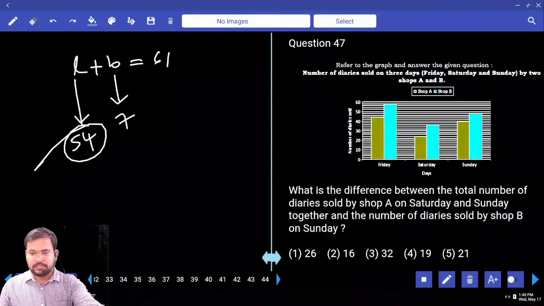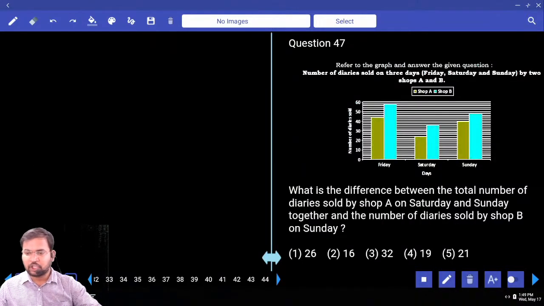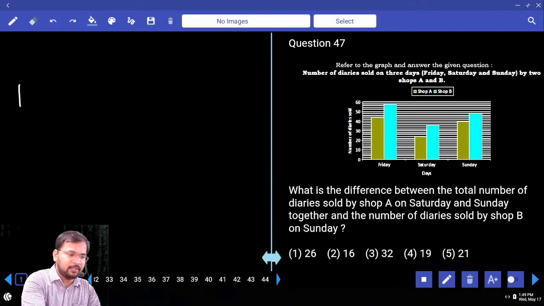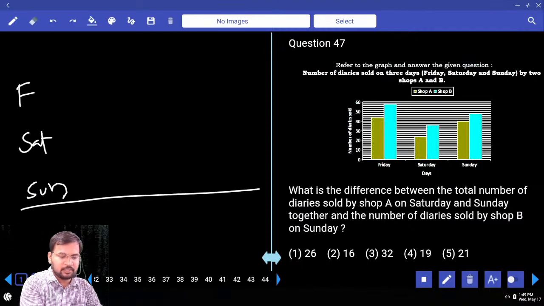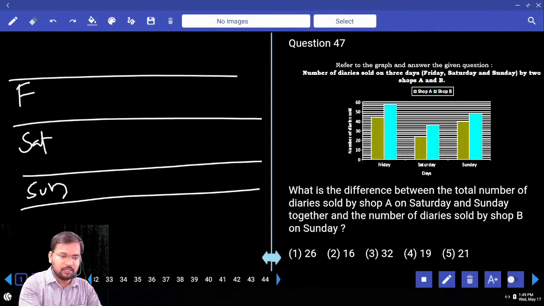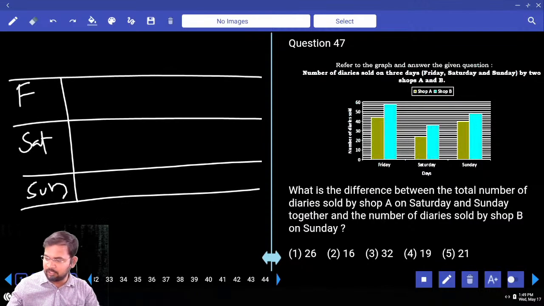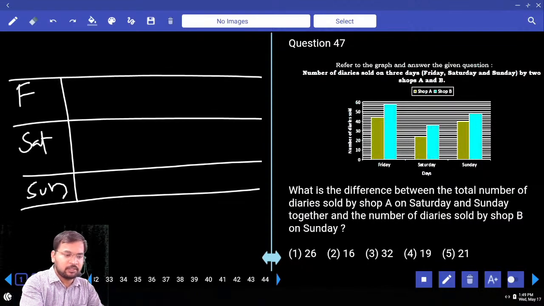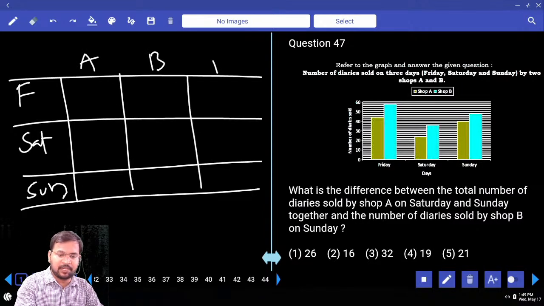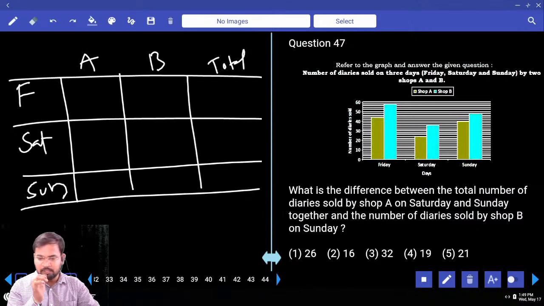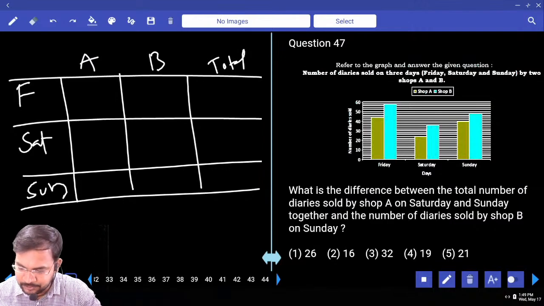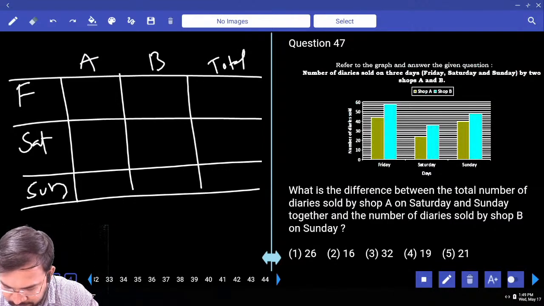Now breadth. See here. Shop A, shop B, Friday, Saturday. Next one is Sunday. Shop A, shop B. If the total is required, we go for total. Now tell me the values, 0 to 10: 2, 4, 6, 8, 10.